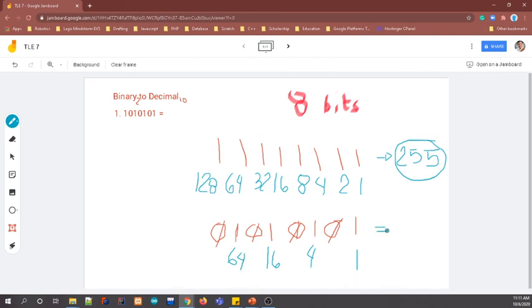So, if i-add na nato, pila answer niya? 64 plus 16, it's 80. 80 plus 5. So, the answer should be 85 base 10. There you go. So answer niya kay 85 base 10. Base 10, that's decimal. Okay?